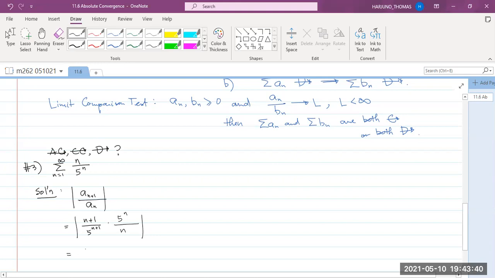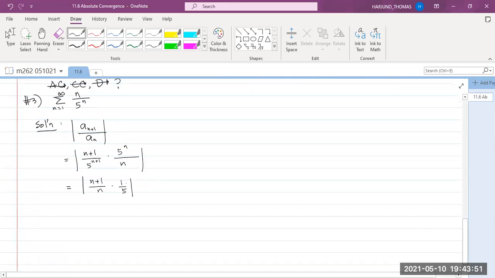I have n plus 1 over n times 1/5. I can pull the 1/5 out, and n plus 1 over n is 1 plus 1 over n, so I have 1/5 times 1 plus 1 over n. This converges to 1/5, is it right?